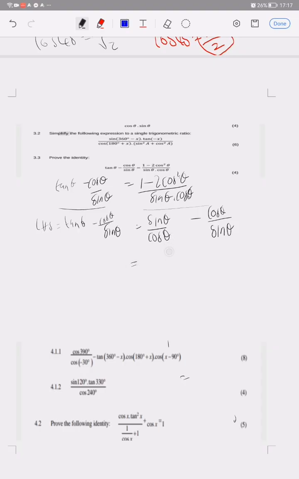So we find the LCD, the lowest common denominator, which is cos theta sine theta. This is just the basic fraction method.